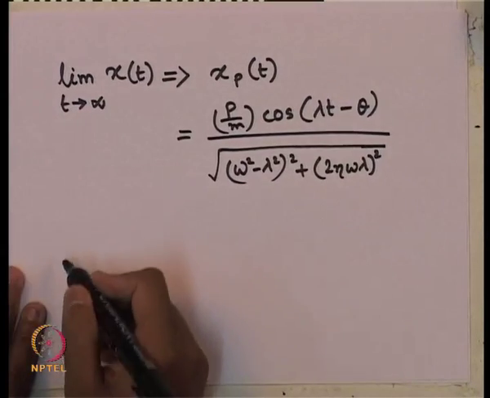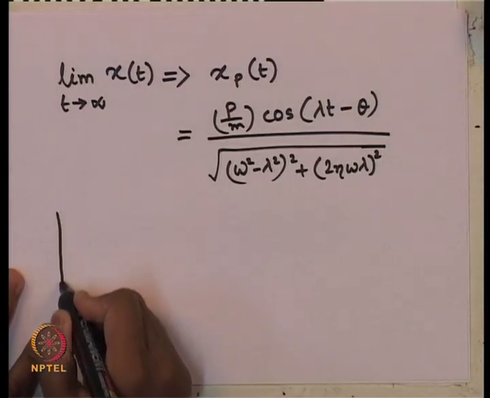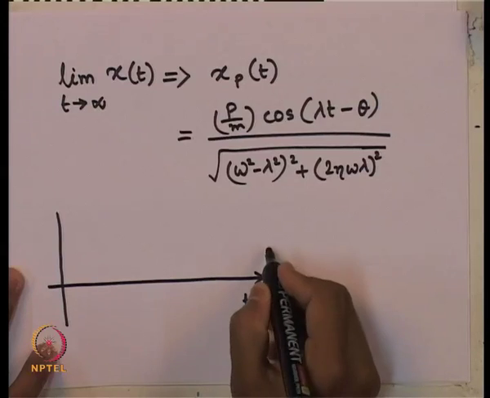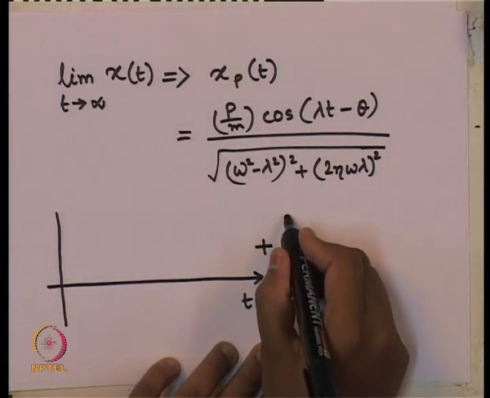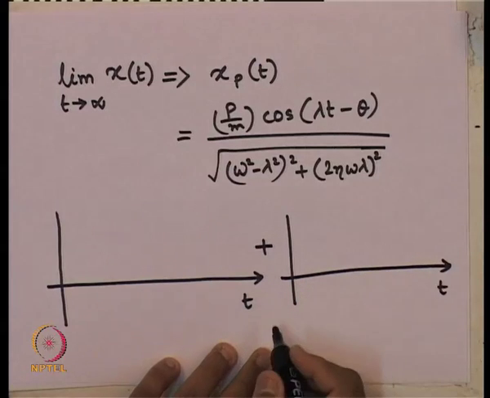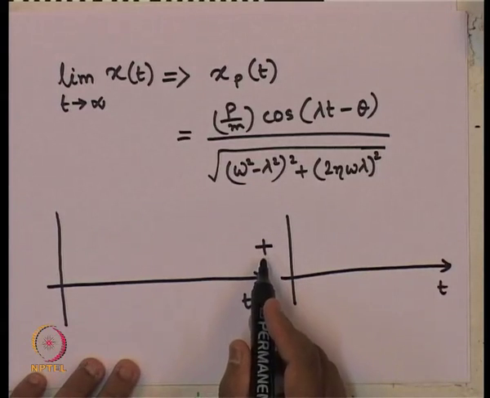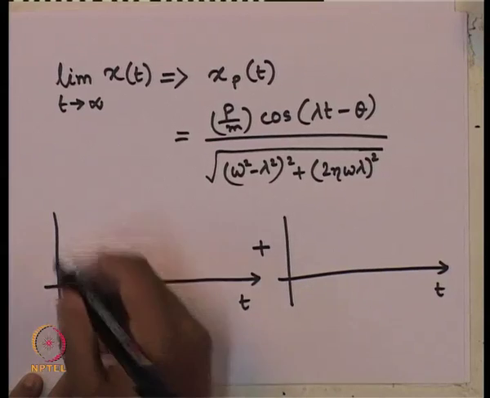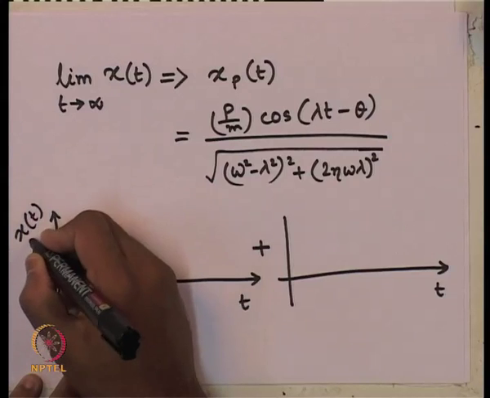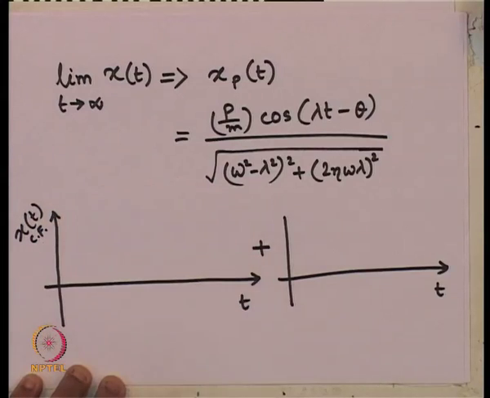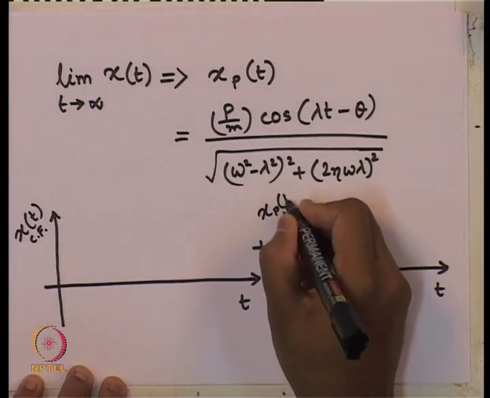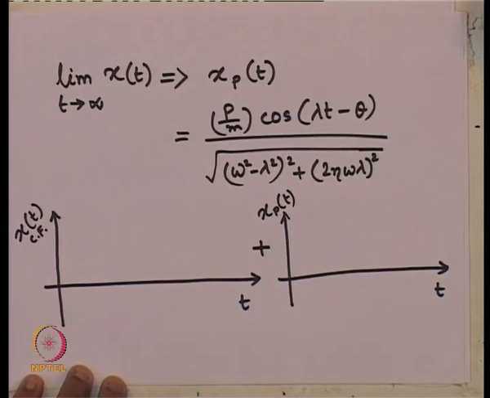As I said, the total solution has two components. I am just drawing them separately and then we will combine them, so I am putting this plus sign here. In this one, I am drawing x of t, the complementary function only, and on this axis I am drawing x p of t, the particular integral part.